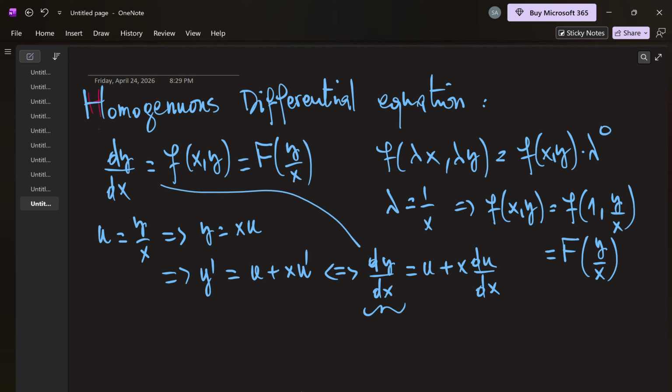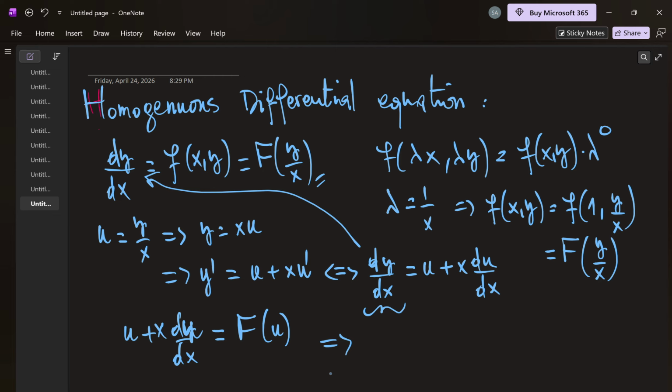When you substitute this in here, you will get u plus x du over dx is equal to big F of u.